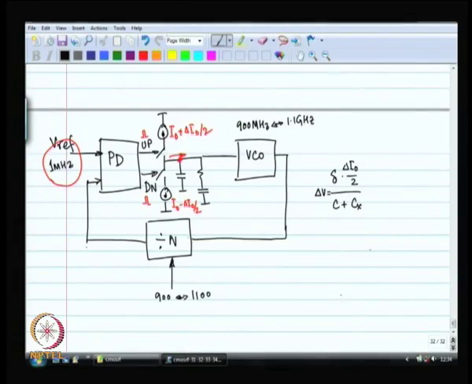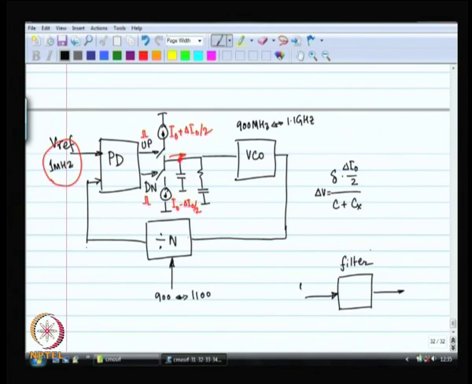If I increase the capacitance, the loop bandwidth is going to drop. If the loop bandwidth drops, then effectively I am going to filter out this signal which is at fref. So, there is a signal coming in, think of it as a filter. Your input is the up and down signal, right.